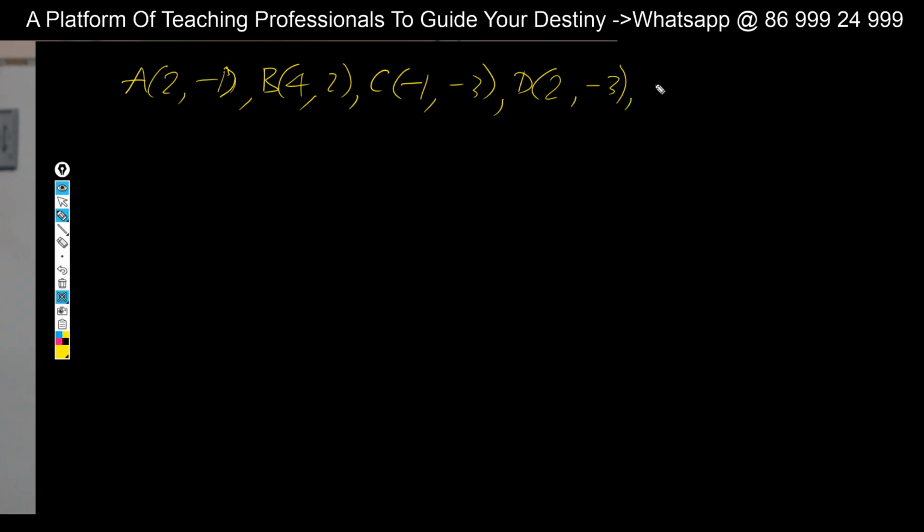Let us take A (2, -1), B (4, 2), C (-1, -3), D (2, -3), and E, let me take (-2, 3).